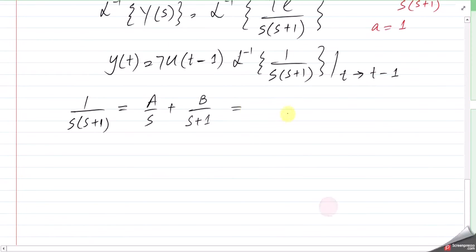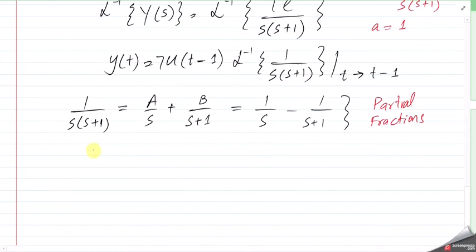I'll leave this for you to complete and I'll write it directly, that it becomes 1 over s minus 1 over s plus 1. So it is partial fractions. Alright.